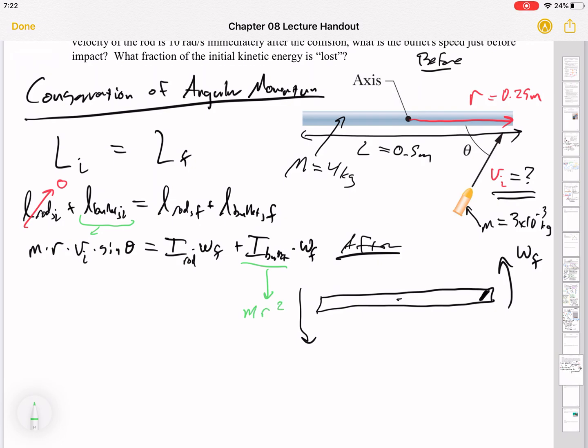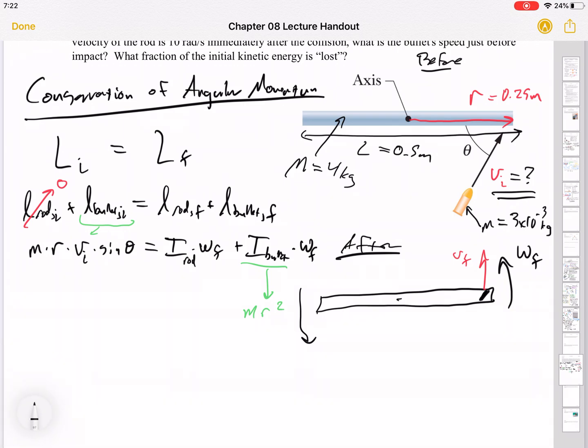I could still use the mRV sine theta definition and it'll give me the same answer. V will now be a tangential velocity, so V equals omega times R, which would be mR squared, and theta would now be 90 degrees. But now that it's stuck in the rod and rotating in an actual circle, I omega is a better way to think about it.